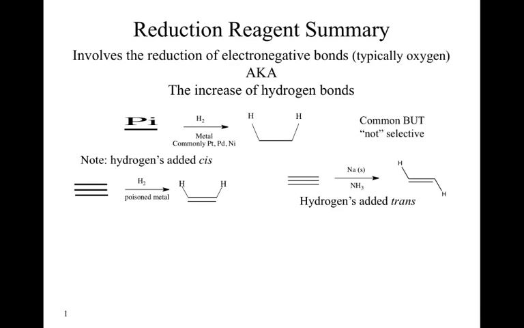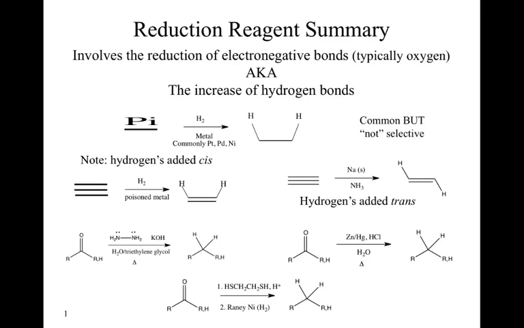Okay. After that, as you might guess, we'd move into our polar pi bonds, kind of our carbonyls. And there's a variety of reducing agents. Notice that these reducing agents are a little bit more spectacular, say, than the standard ones. And that is because we end up removing altogether the oxygen.